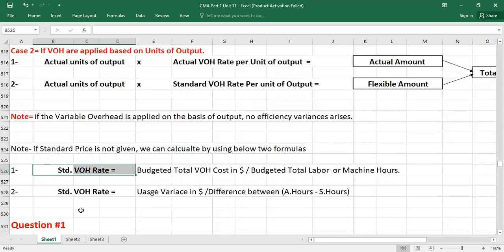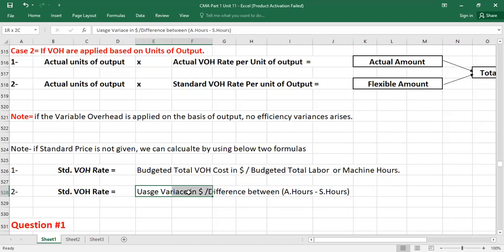The second formula you can use depends upon how the data is provided in the question. We can take the standard variable overhead rate, which is always equal to the usage variance in dollars, meaning the efficiency variance in dollars, divided by the difference between actual hours and standard hours. This can also provide you the standard variable overhead rate.